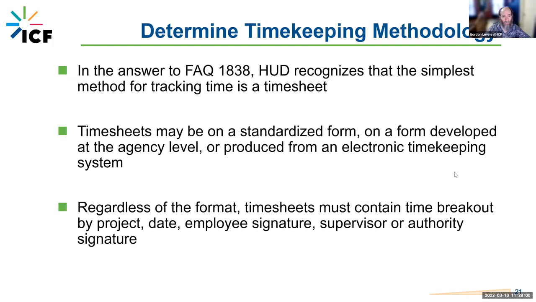On the subject of requiring a standardized timesheet across your subrecipients, I would gently suggest that if you were inclined to do that, you only do so after consulting with every single subrecipient and getting their, if not enthusiastic consent, at least their agreement that they are willing to do it. If you require it, you can require it.